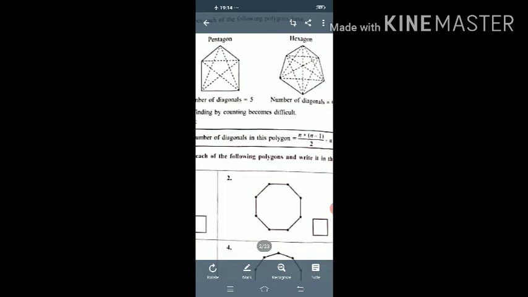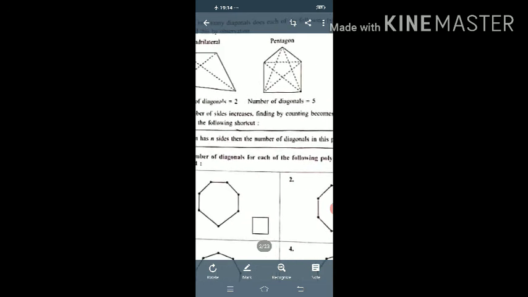Suppose a polygon like a quadrilateral has 4 sides, how many diagonals does it have? So n will be replaced by 4. 4 into 4 minus 1, that is 4 into 3, so 2 cancels with 4. The result is 2, and 2 into 3, the result is 6.